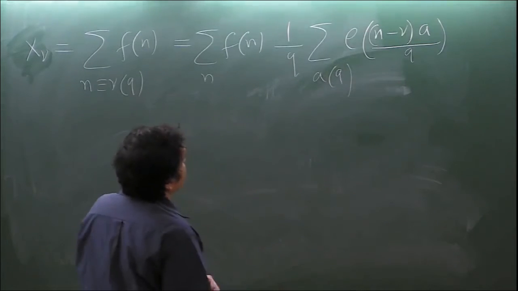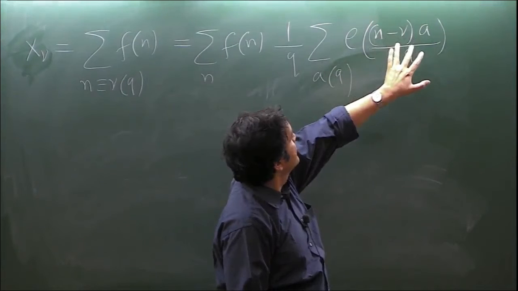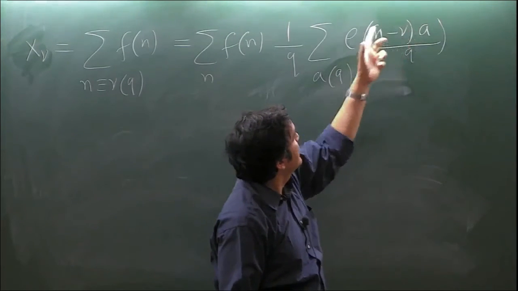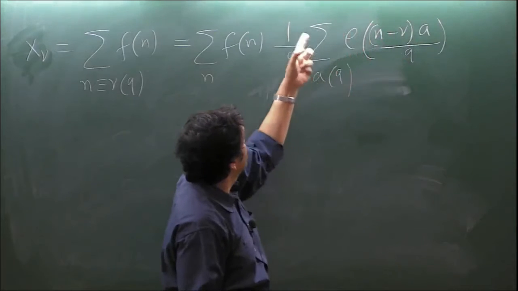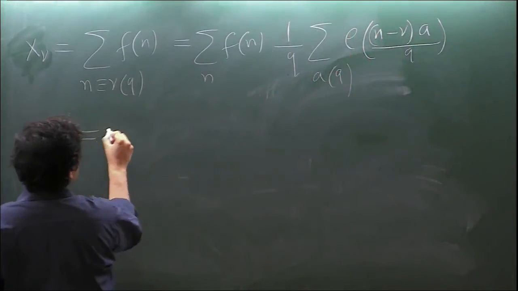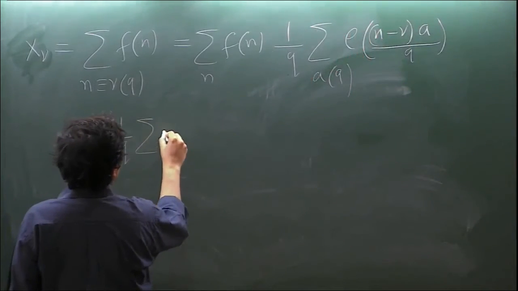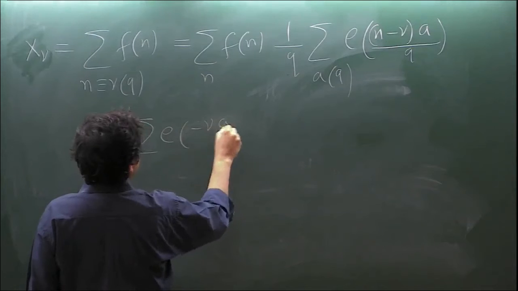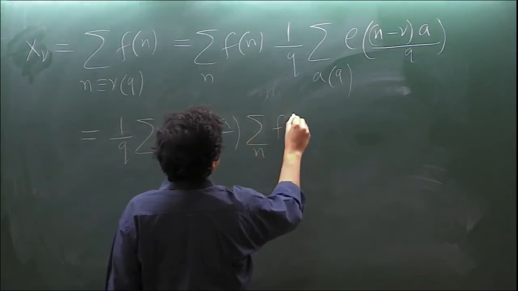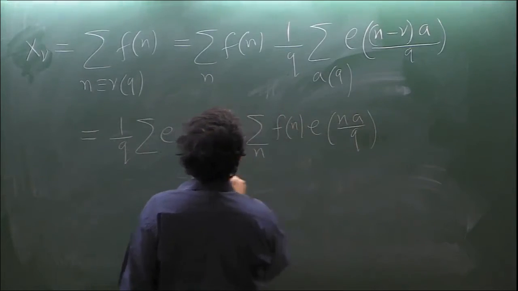Okay. So if n and nu are in different residue classes, then the sum will be 0. And if they are the same modulo q, then I'll get q. So if I divide by q, I'll get 1. Okay, and this you rewrite as 1 by q, sum of e of minus nu a by q, sum over n, f(n) e(n a by q).